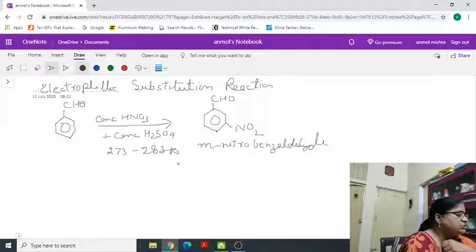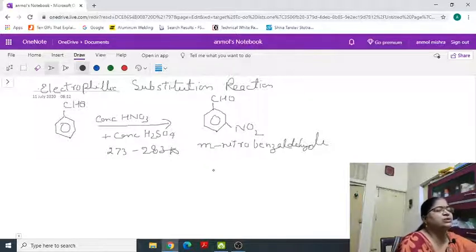Benzaldehyde is used in the preparation of perfumes and dyes. Acetone or ethyl methyl ketones are commonly used as industrial solvents. Many aldehydes and ketones are used as flavoring agents due to their odors and flavors.